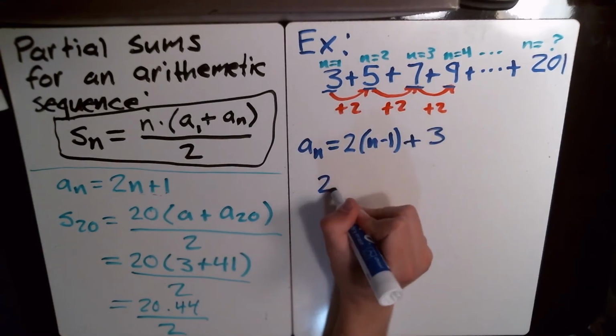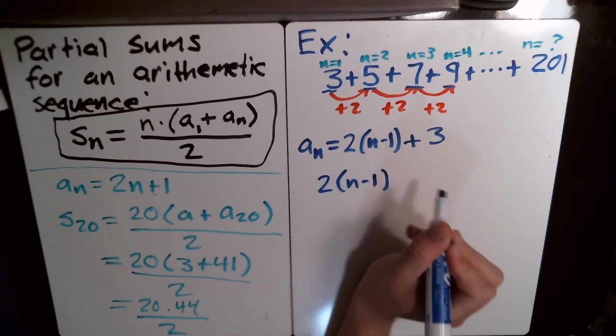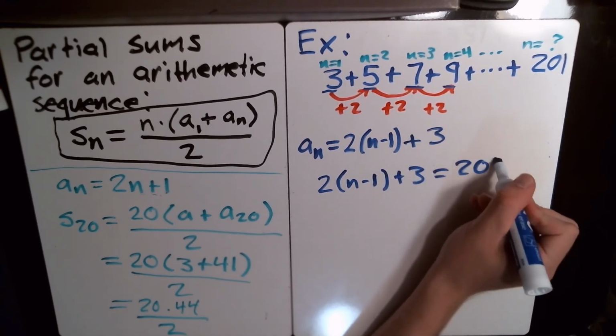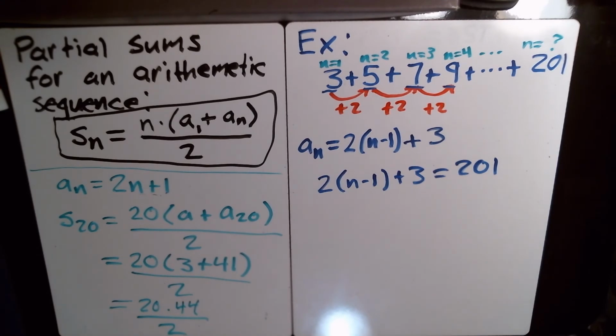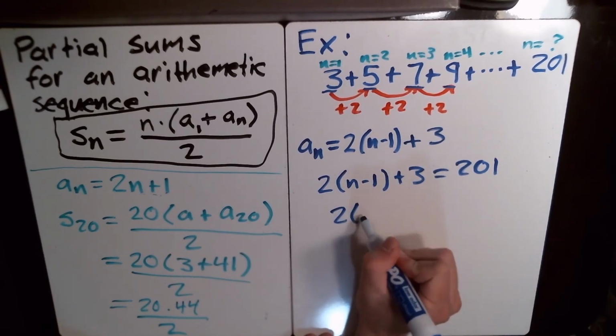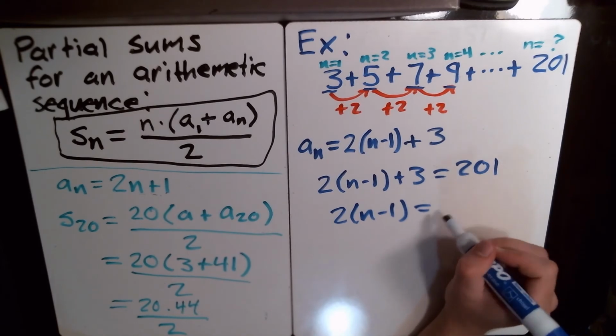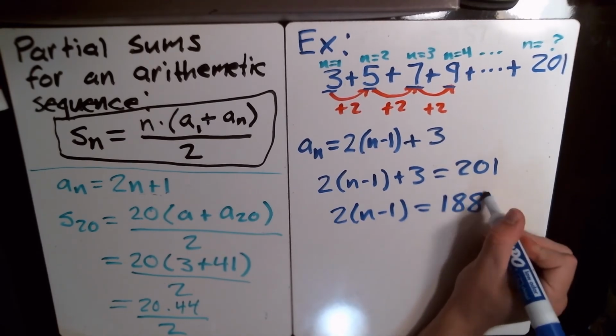So what we do is we just take our equation and set it equal to 201, and then we figure out what n is. I'm going to subtract 3 from both sides, and we get 188.